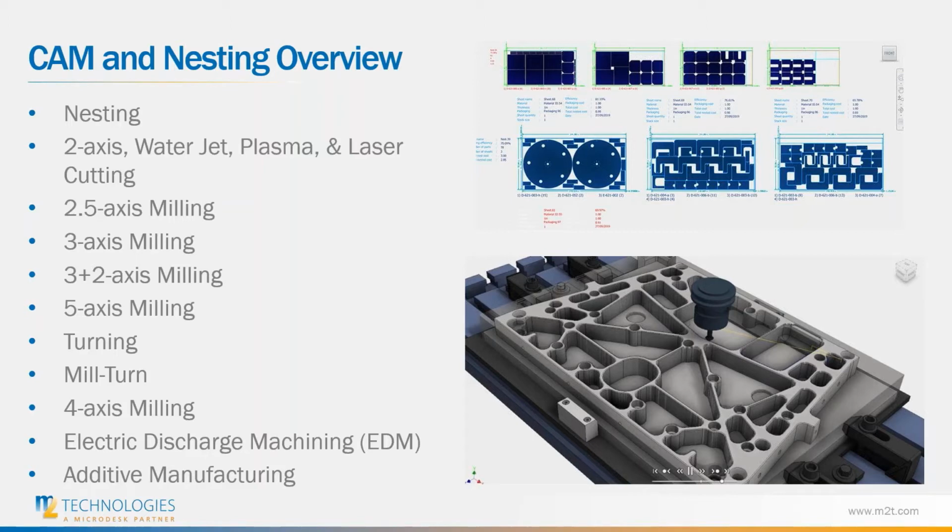Next, we have 3+2 axis milling, also often referred to as 5-axis indexing, which allows for 3-axis milling as well as 3-axis rotation of the workpiece in order to have milling operations at different angles.